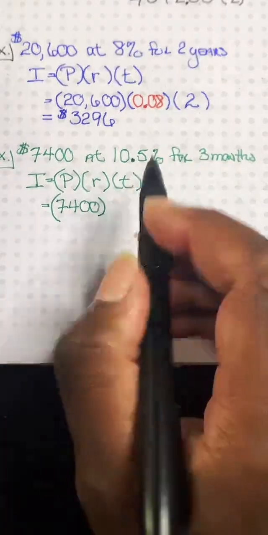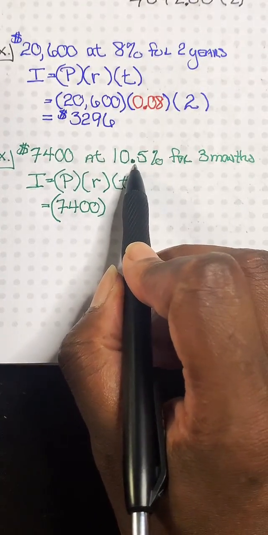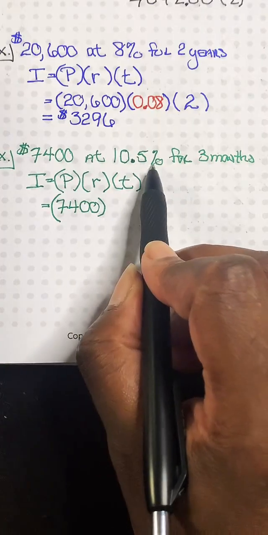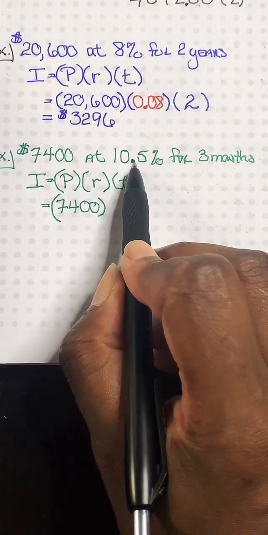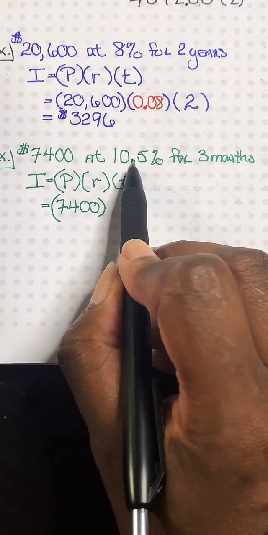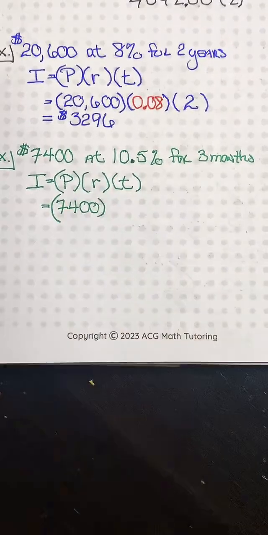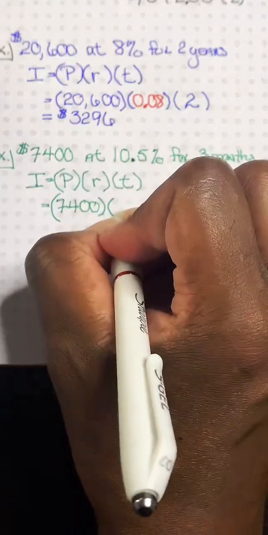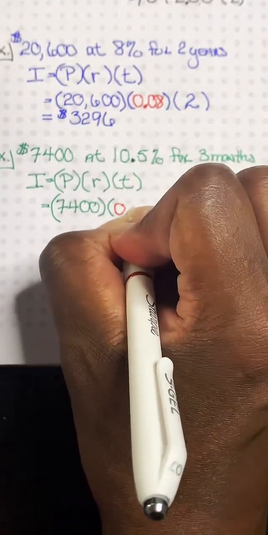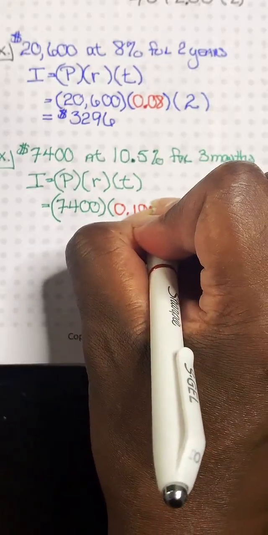When our percent already has a decimal in it, we don't start at the percent sign. We need to start at the decimal. If you count 1, 2, that means your rate is going to be 0.105, or 105 thousandths.